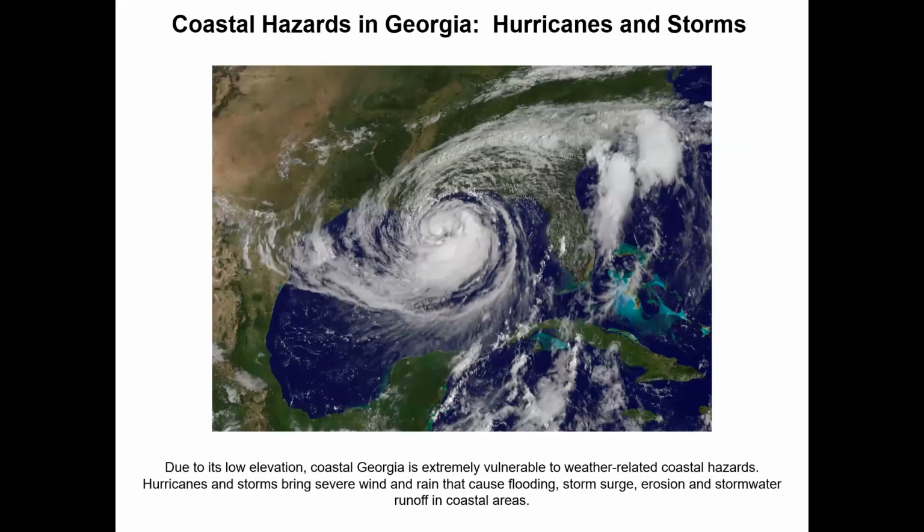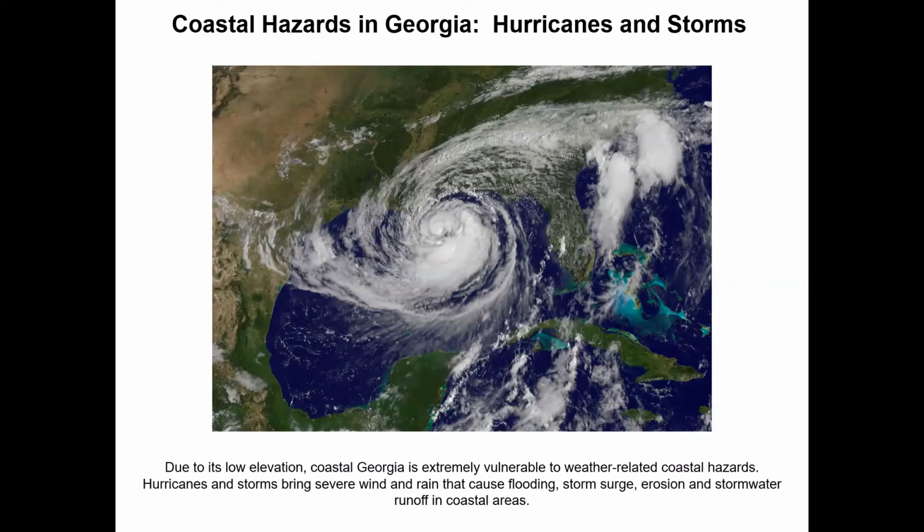So first, when we talk about coastal hazards in Georgia, several things come to mind. One of the first we think about are hurricanes and big storms. We are low lying, in low elevation here, and so that makes us particularly vulnerable to some of these weather-related challenges and hazards.